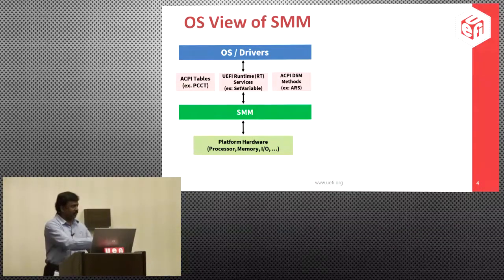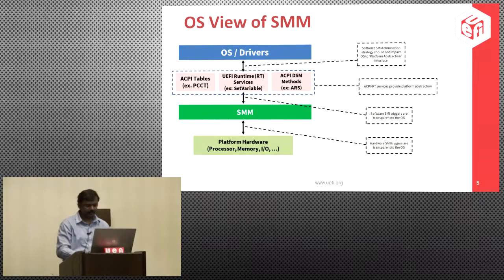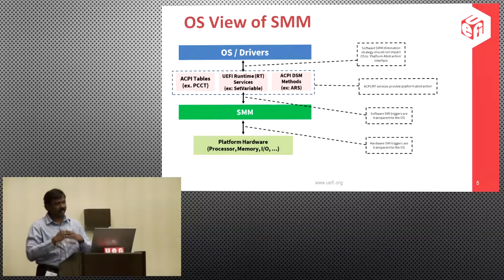OSs call an abstraction service, like a DSM method in ACPI or a runtime service, right? Now, underneath this runtime service is where we drop into SMI. So the fact that we are dropping into SMI is transparent to the operating system.